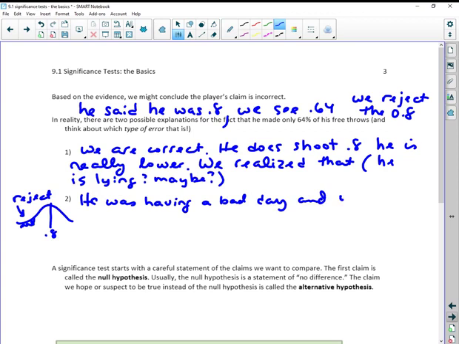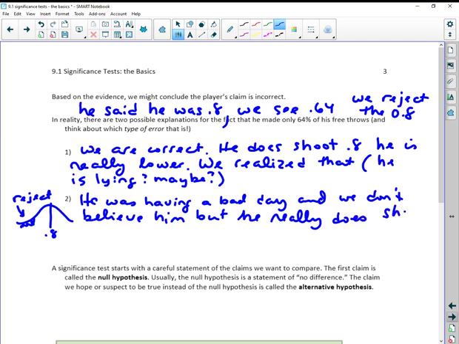We don't believe him, but he really does shoot at the 0.8 level.